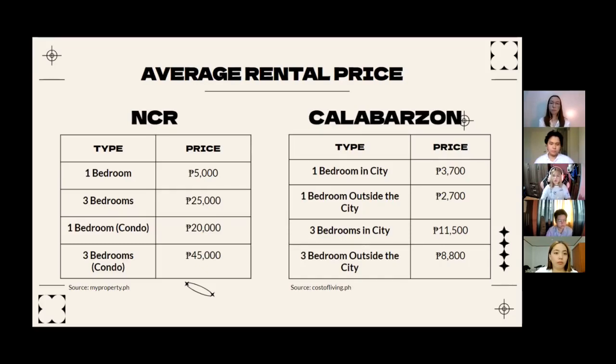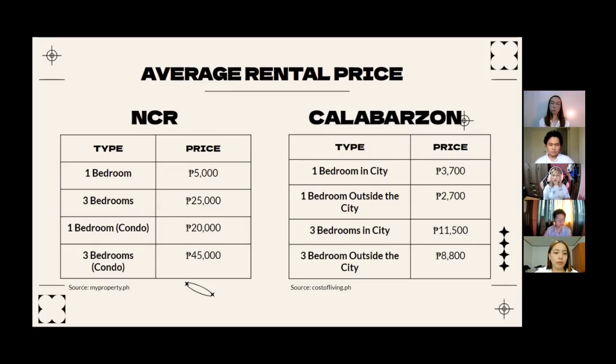So in terms of larger living spaces, both indoors and outdoors, venturing out further from Metro Manila is the better option. Calabarzon provinces such as Laguna, Cavite, Batangas, Rizal, and Quezon also feature a greater amount of land that offers more options in terms of affordable rental houses. The least you can get is about 2,700 for one bedroom and 11,500 for three bedrooms.